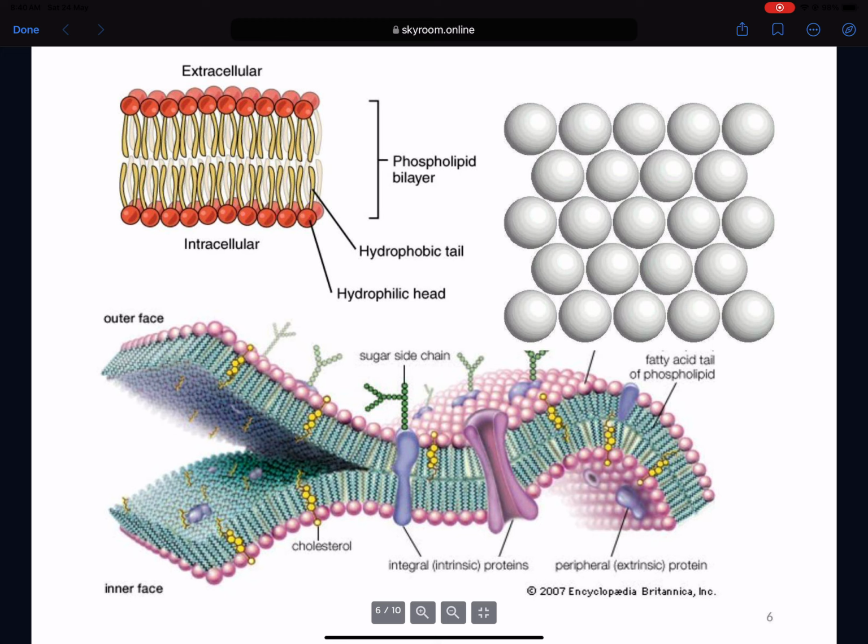And you know better than me that every cell is covered by a protective wall. This wall is made of two layers of lipids. You will see on slide number 6, at the top left corner, the cell membrane or the cell wall is made of two layers of lipids.